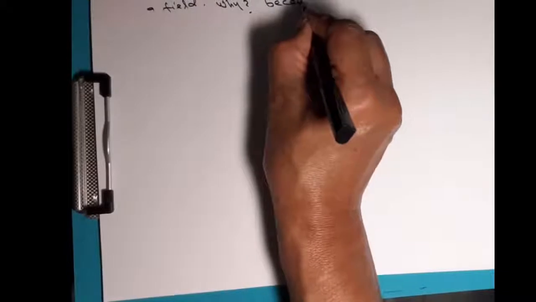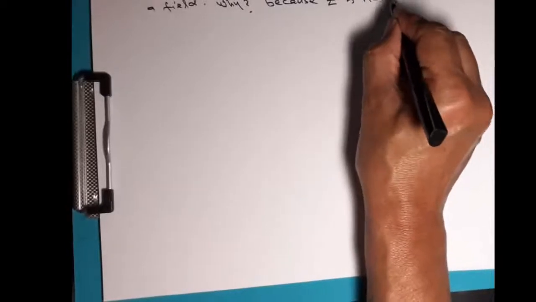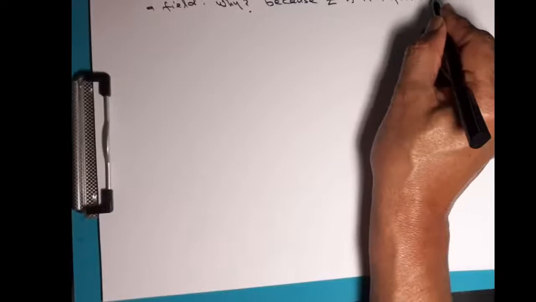Z is an integral domain but is not a field. Why? The reason is very simple, because Z is not finite. Z is infinite. So what our result says is that a finite integral domain is a field.